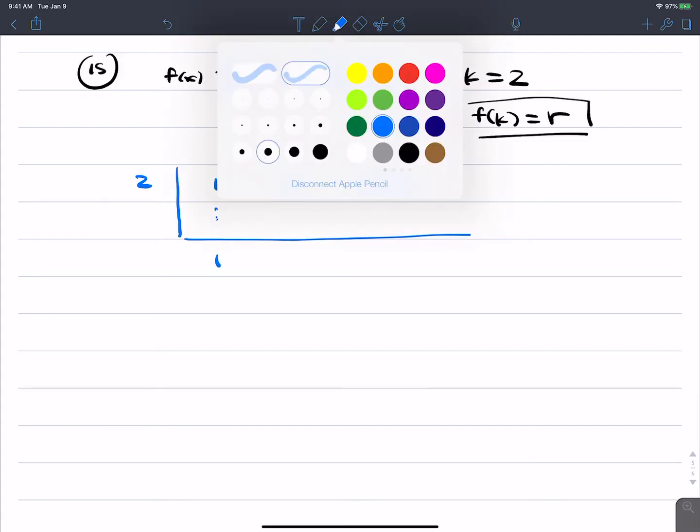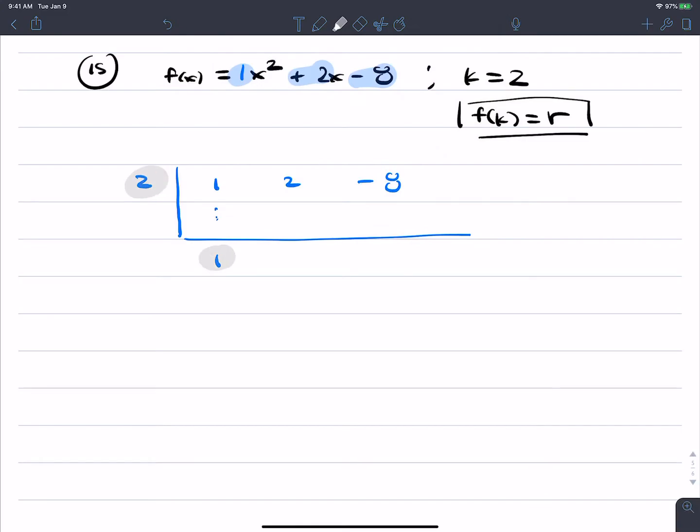Remember, you have the following. You have 2 times 1, which will give you 2. We're now going to add here. 2 plus 2 gives you 4. We get to repeat the process here. So by this process, we take 2 times 4, and that's going to give me 8. So negative 8 plus 8 gives me a 0.